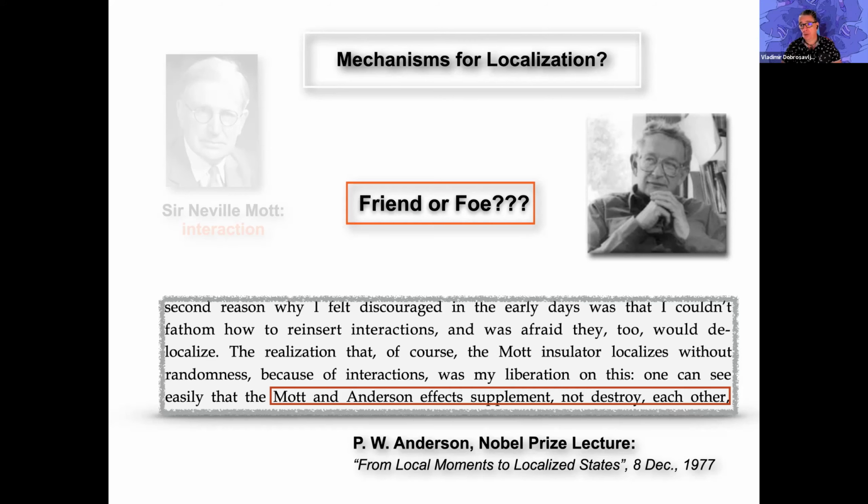He's talking about Anderson localization, and was afraid they too would delocalize. "This realization, of course, that a Mott insulator localizes without randomness because of interactions was my liberation on this. One can easily see that Mott and Anderson effects supplement, not destroy, each other." So he felt that because both mechanisms can help stop the electron moving, when you have them together the effect will be even stronger.